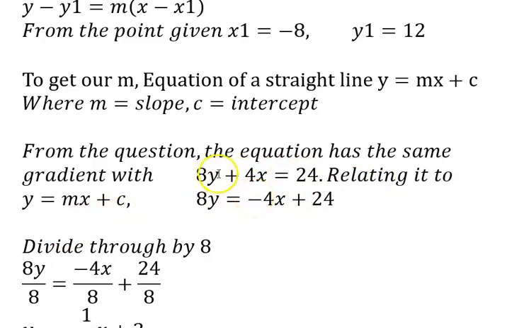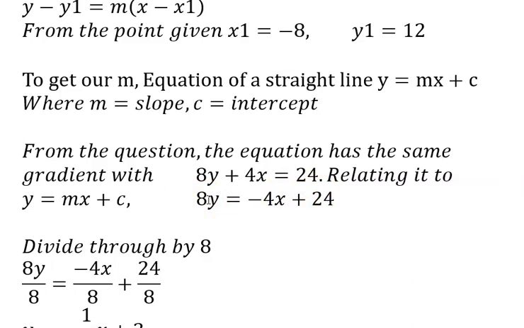So 8y equals, because y is the subject of the formula here, this 24 is already here. This plus 4x, if it comes here, becomes minus 4x. We want to relate it to y equals mx plus c, so x will be somewhere here. We want to make y the subject of the formula.